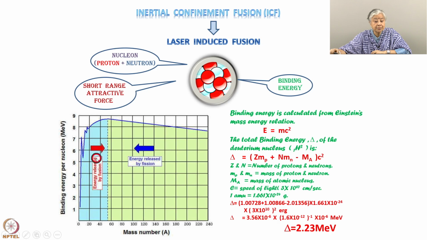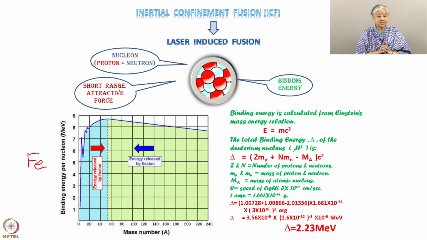Why is it most stable? Because the binding energy is the maximum. That means the nucleus is bound together very closely, and that element is iron, Fe, which has a mass number of 56 as far as I remember.